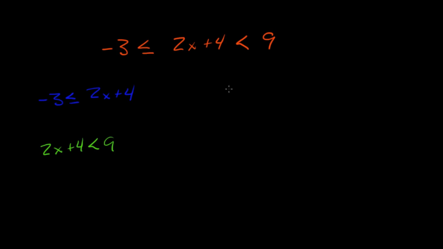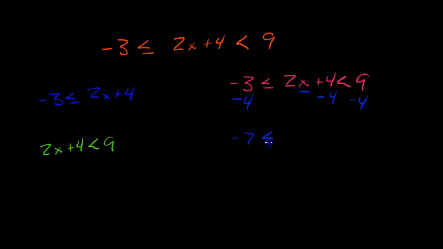The other way that we can deal with this is we can simply solve the compound inequality as one single problem. So for example, if we did this, the goal is to get x by itself, right? This is what we want to solve for. So we subtract 4 from every part of the problem.